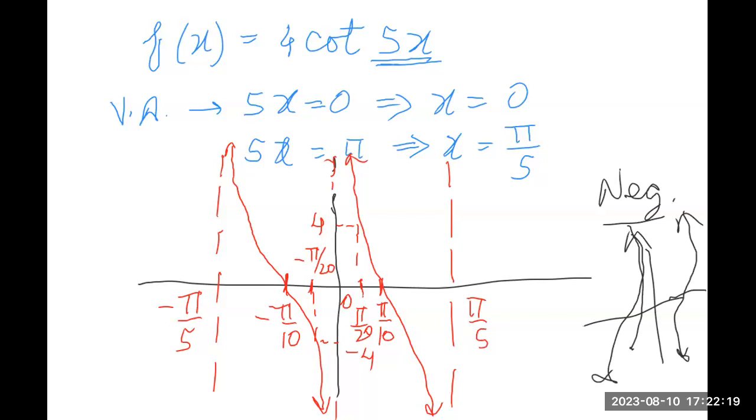Let's look at problem number 39 in the book, where in the next two problems, we'll look at a given graph and try to write down the function of that graph. So let's go to the textbook.